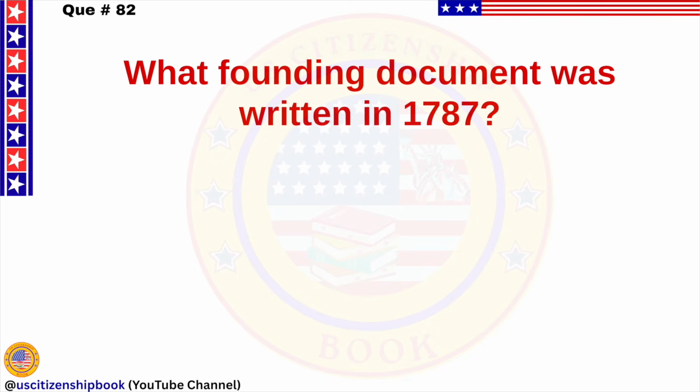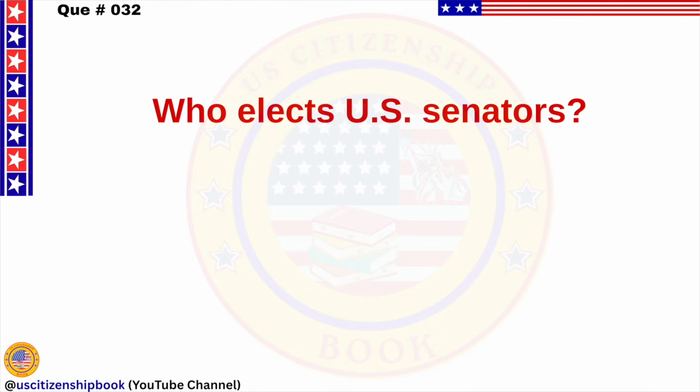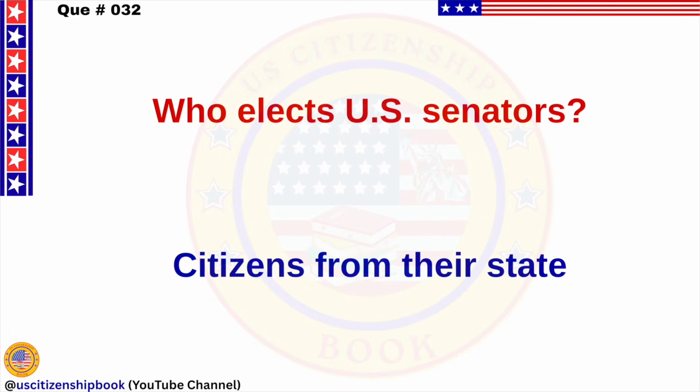What founding document was written in 1787? U.S. Constitution. Who elects U.S. senators? Citizens from their state.